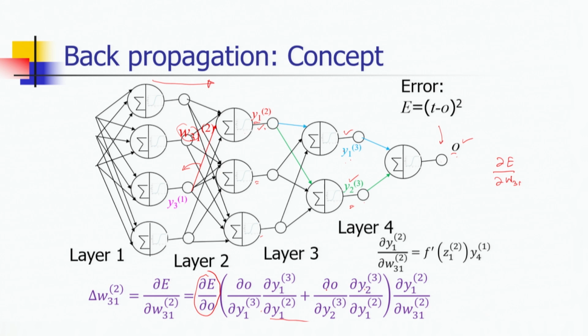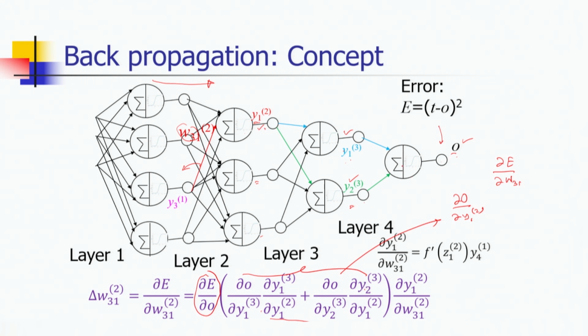Finally, this gives the change of delta O with respect to delta Y12, and then you get delta Y12 with respect to delta W12. As you understand, each one can be obtained through an analytical value through this value.